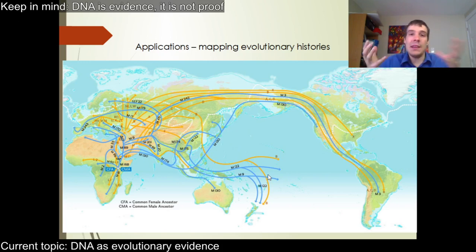And remember that DNA is evidence, but it's not proof. But when you combine it with archaeological finds from human remains in these areas, you can build up a pretty good history of human migration. Some of the neat things here: you can see there was a group that went to India, and then hopped across.